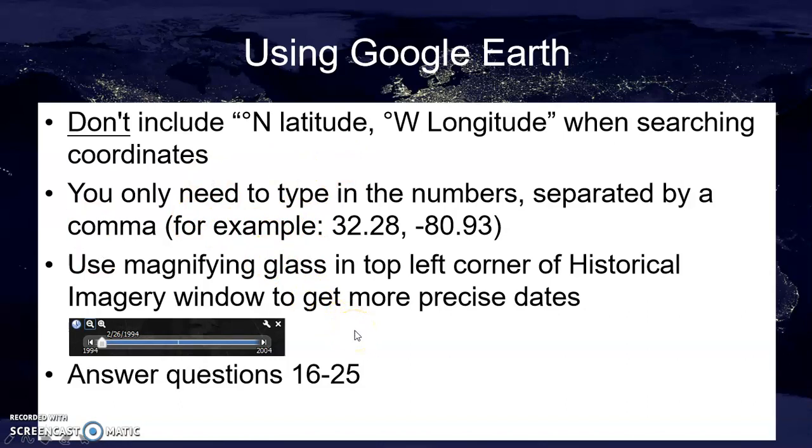There's also a question that asks for a specific date using the historical imagery tool, and the easiest way to do this is there's a little magnifying glass in the historical imagery window when it pops up that zooms out and zooms in on dates.